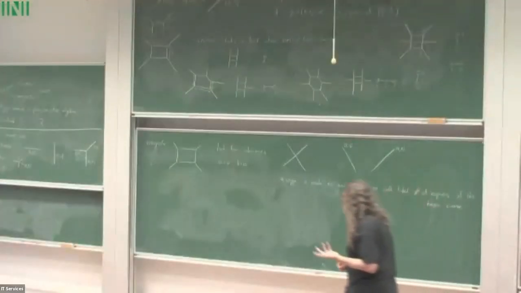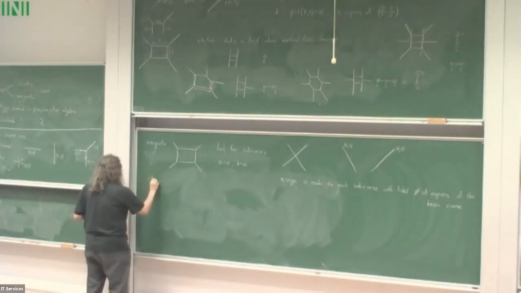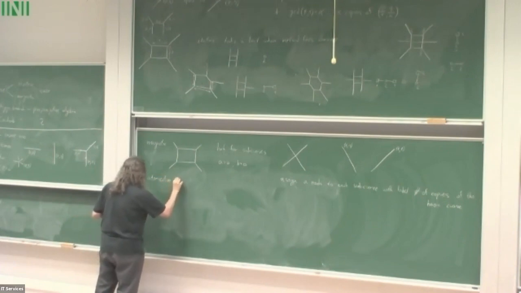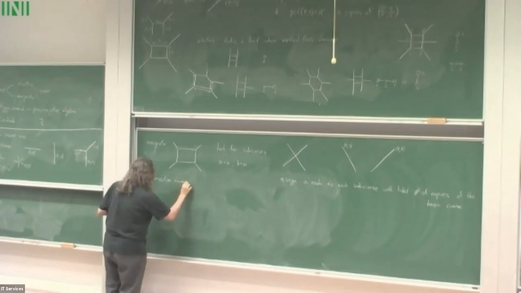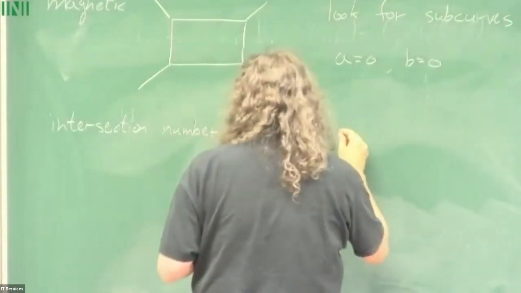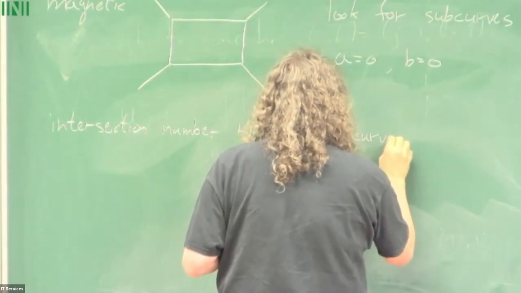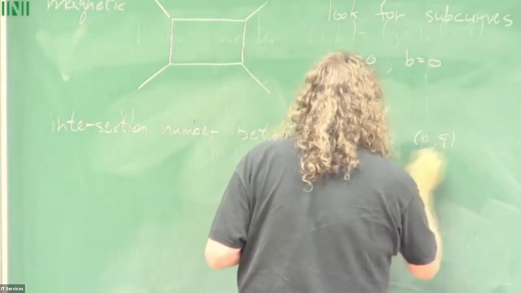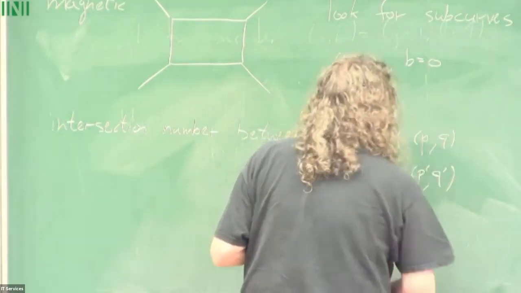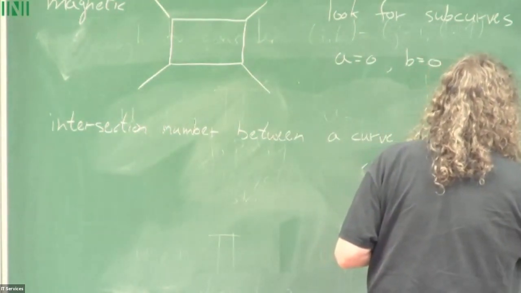And I'm going to define an intersection number between a curve (p, q) and another curve (p', q') to be pq' minus p'q, in absolute value.